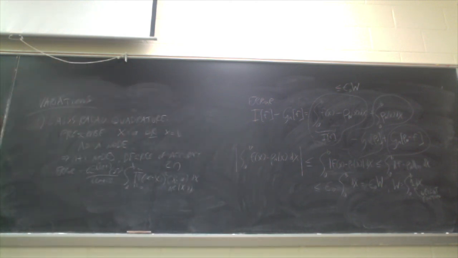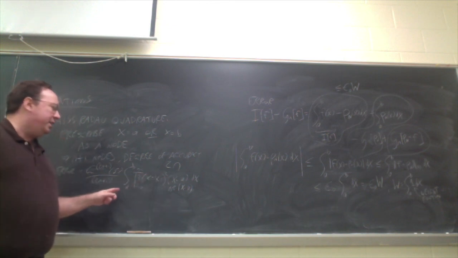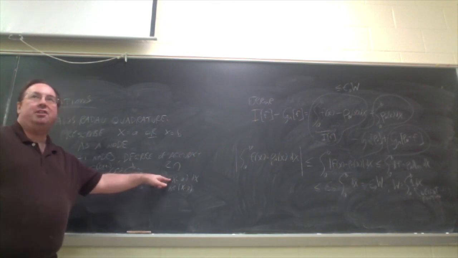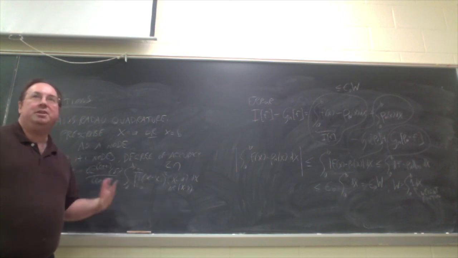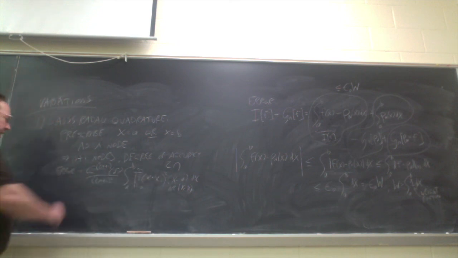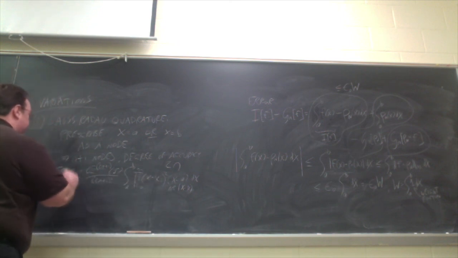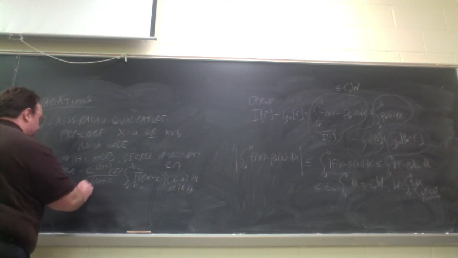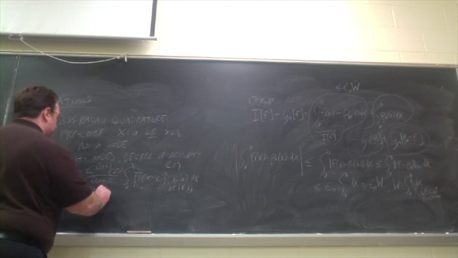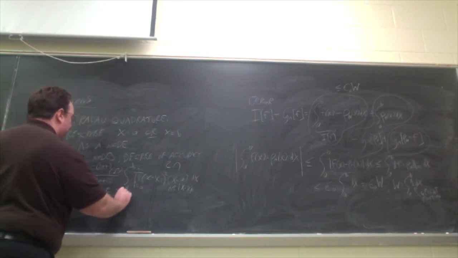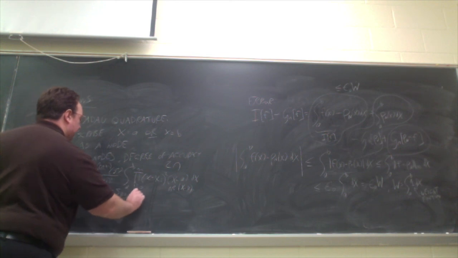And the thing is, x is between a and b, so if it's x minus a, it's always going to be non-negative. If it's x minus b, it's always going to be non-positive. So once again, as with Gauss quadrature, you can determine the sign of the error.